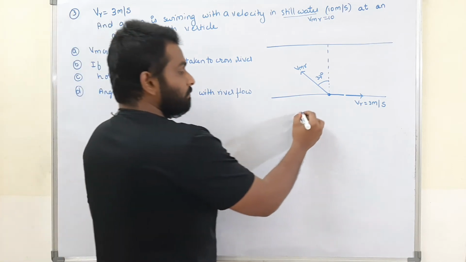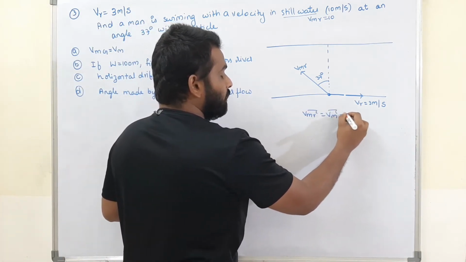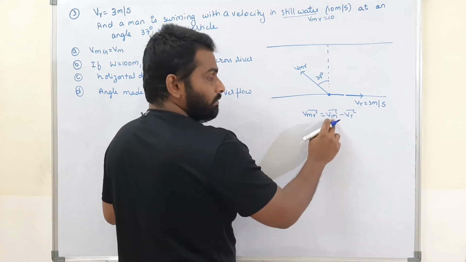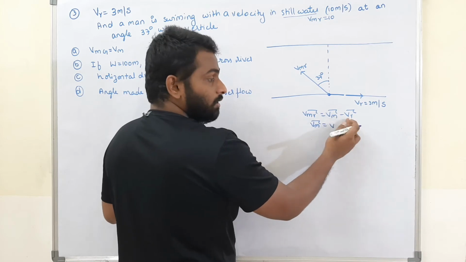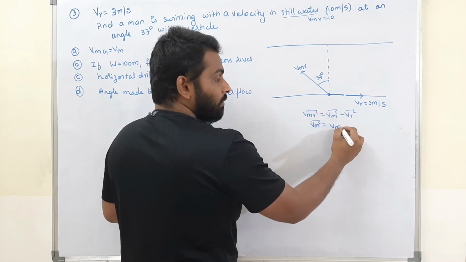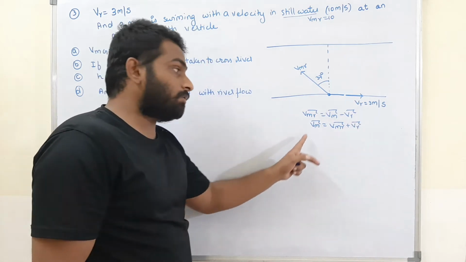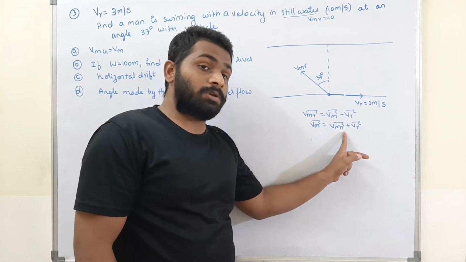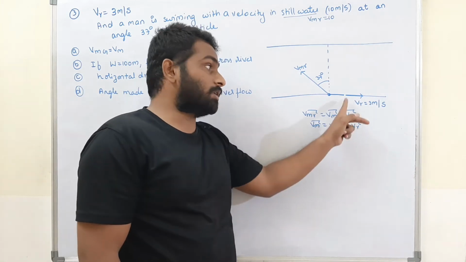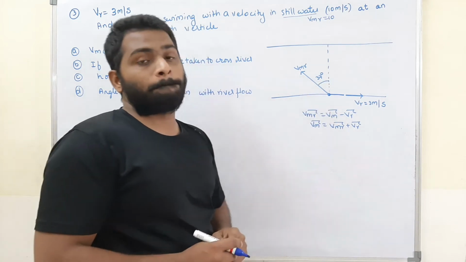Now, velocity of man with respect to river is equal to velocity of man minus velocity of river. Then the velocity of man is, sending this V to the other side, velocity of man with respect to river plus velocity of river. That means the velocity of man is the resultant of VMR plus VR.